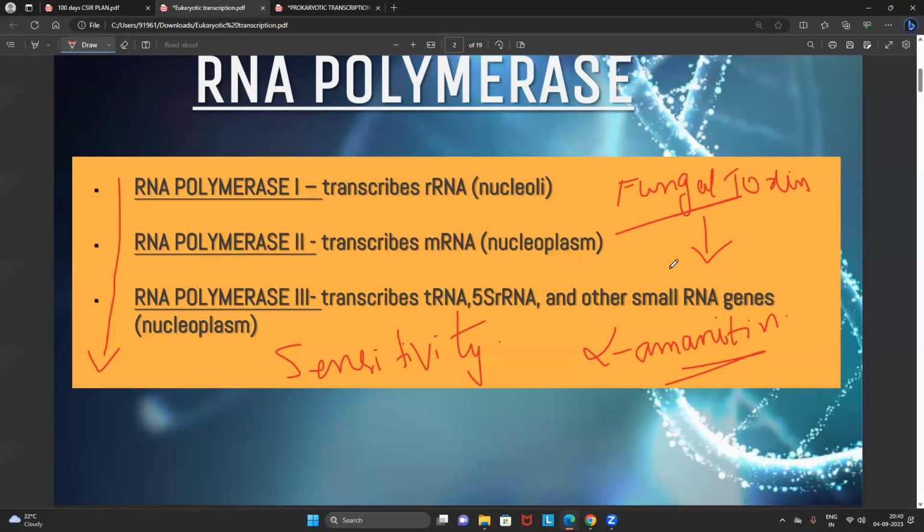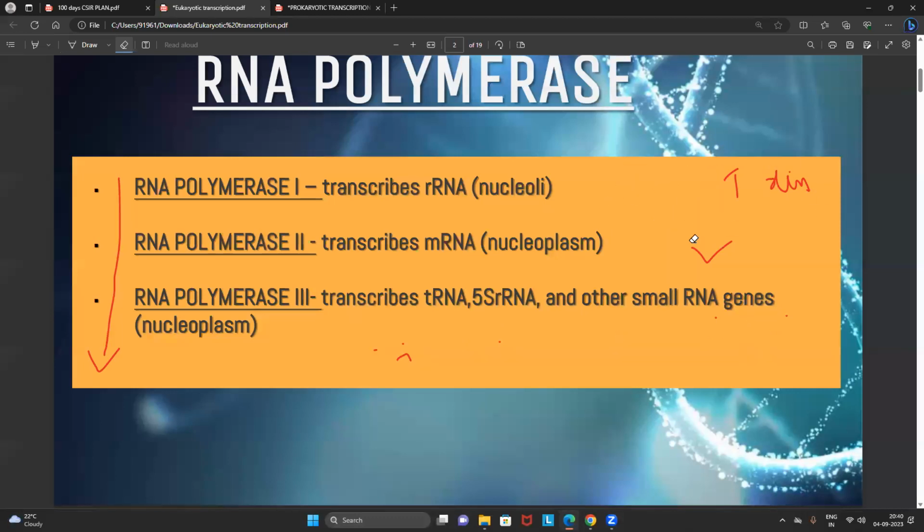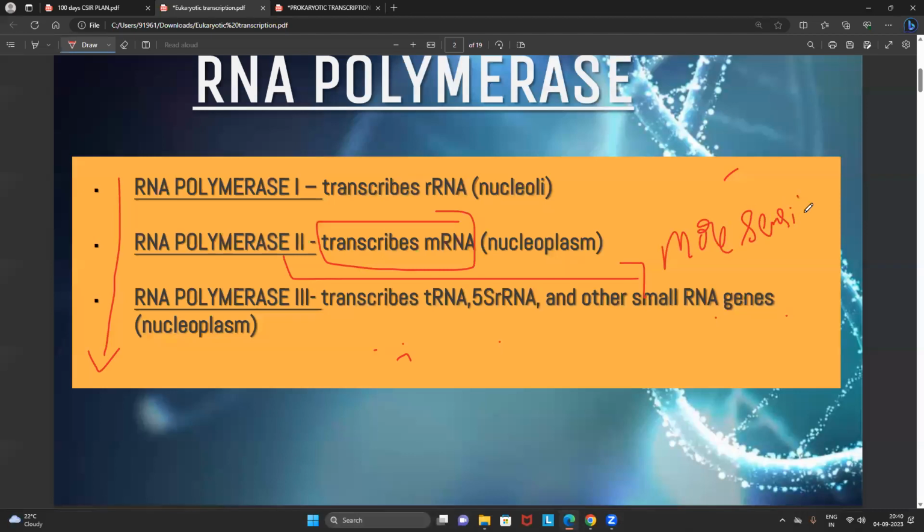Now, all the students try to understand my statements very correctly. RNA polymerase 2, it is the one which is transcribing mRNA, right? Major enzyme. This will show more sensitivity, which means, friends, in simple lines, alpha amanitin can easily destruct this enzyme.